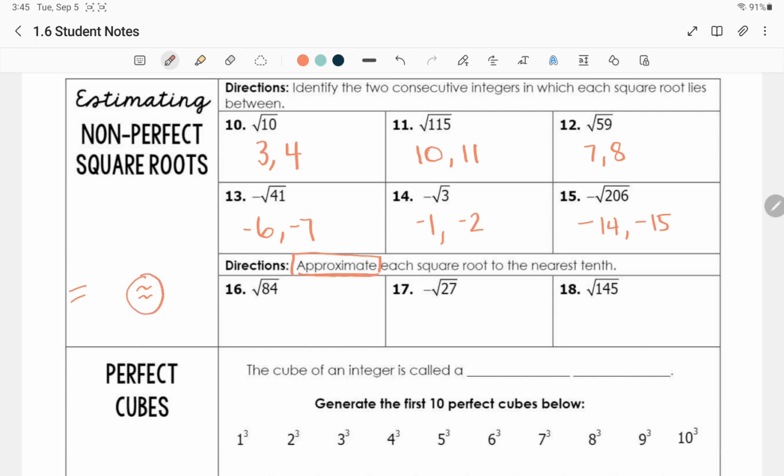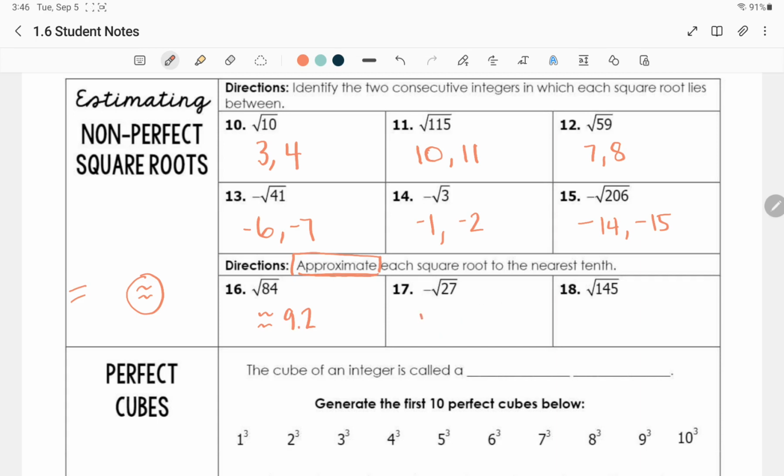So we know that 9 times 9 is 81, so I'm going to say it's about, and if I put it in the calculator, it's going to give me 9.2. I rounded. It's about 9.2. Put 27 in the calculator and square root it.